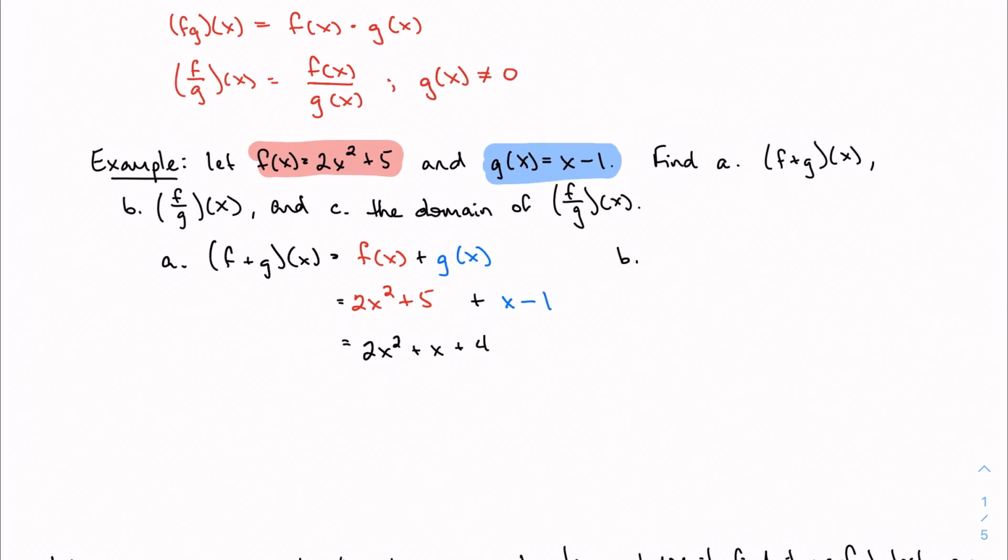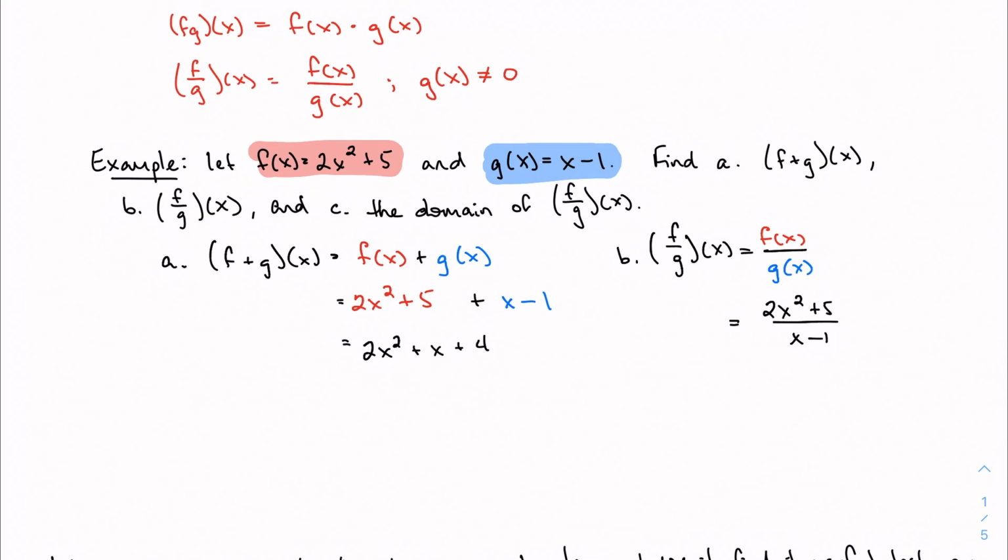So for b, we're going to do the same thing, f divided by g of x. Again, using my property from above, this is going to be f of x divided by g of x. So plug in where appropriate: f over g of x would be just 2x squared plus 5 divided by x minus 1.